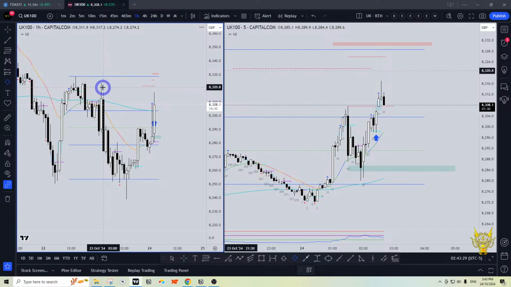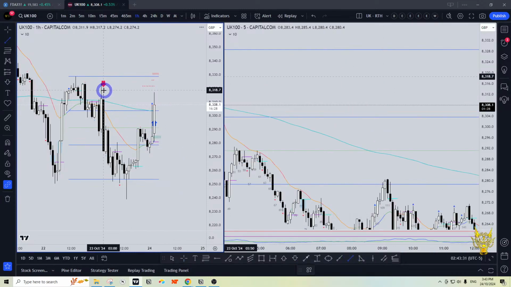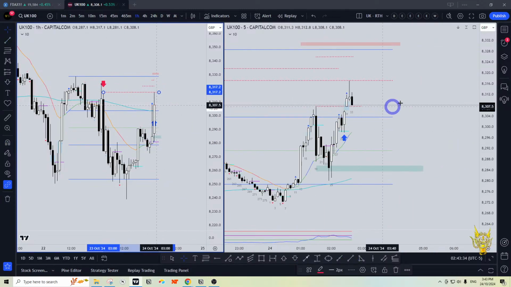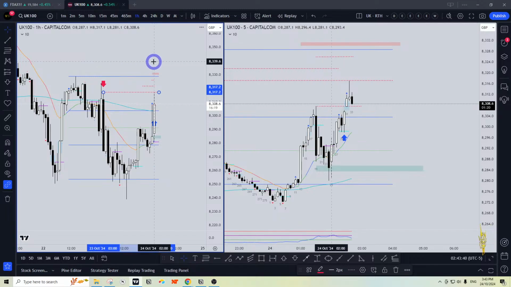This was a pretty good signal bar. Did we get above the high? That high is 317. No, we missed it. 0.1.